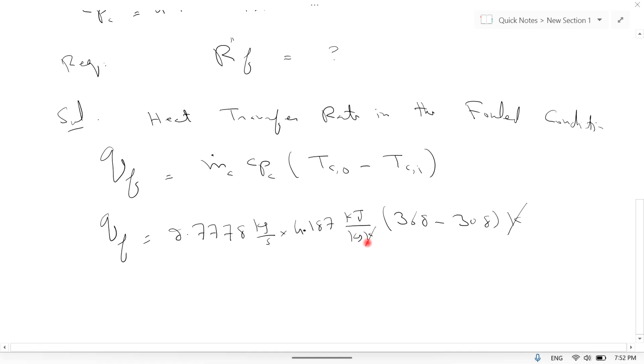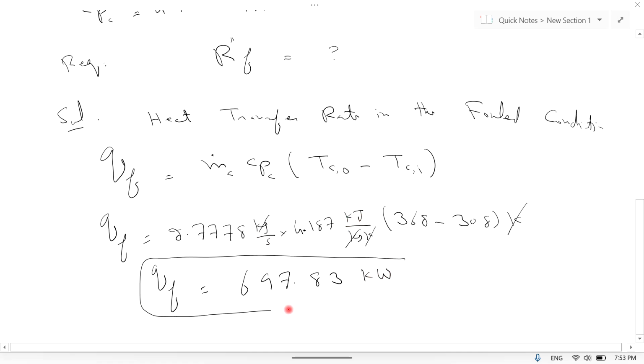Kelvin will be cancelled with Kelvin, kilogram with kilogram. Simplifying, this value will be equal to 697.83 kilojoule per second. So joule per second is equal to watt.